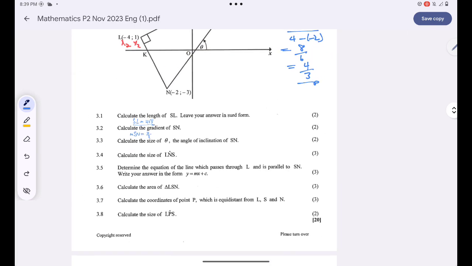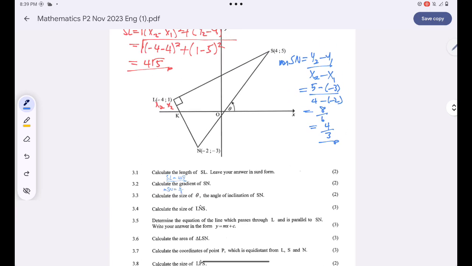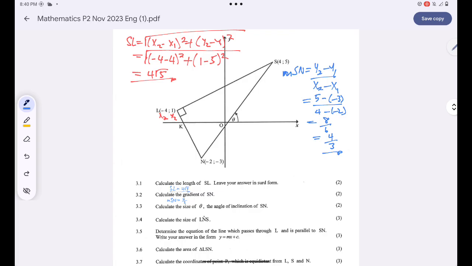Okay, now they want us to calculate the size of theta. Theta is an angle of inclination of line SN. How can you find theta? I know that the gradient of line SN is equal to tan theta. I know my gradient is 4 over 3. I want to find the angle theta. I'll simply say theta is equal to the inverse of tan 4 over 3. What do I get there?